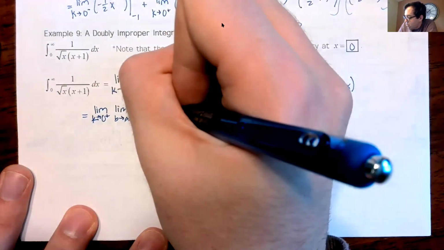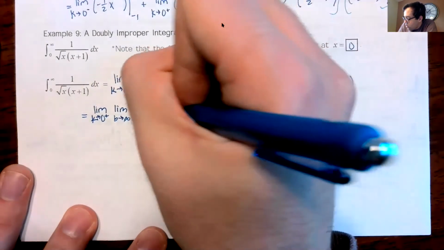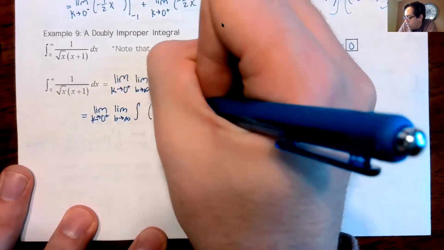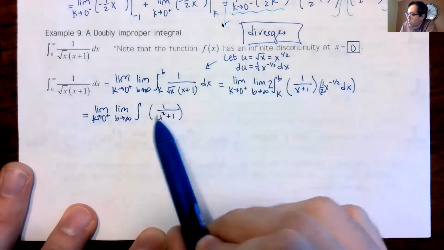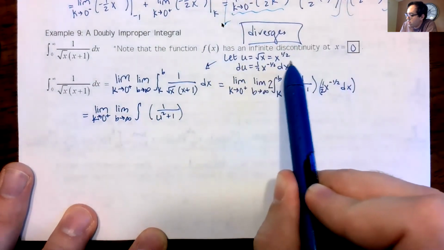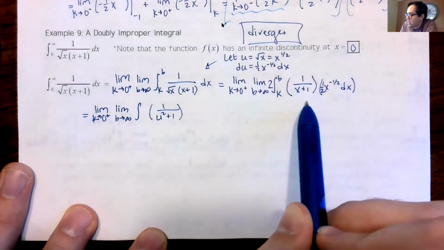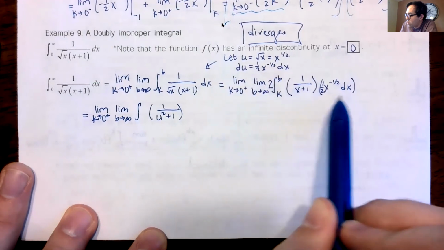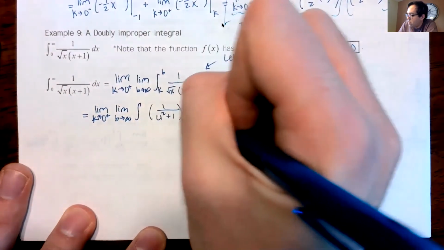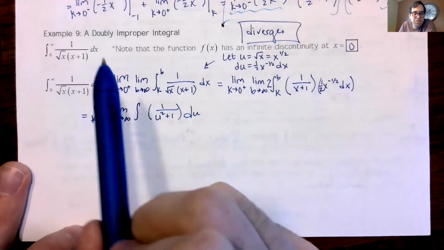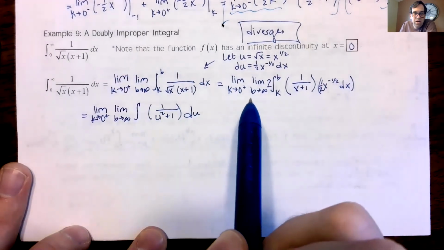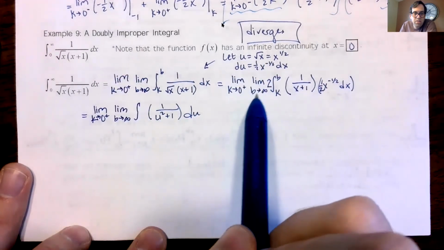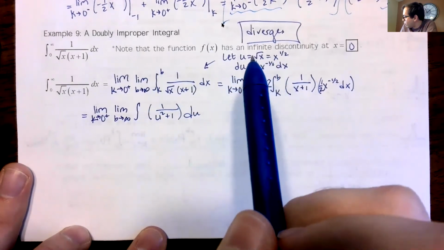So it's going to become 1 over u squared plus 1, right? Because u squared is going to equal x. And then this whole thing just changes to du. I'm not going to forget this time. I have to change the bounds of my integral based off of my u substitution. So it's going to be the square root of k and the square root of b.